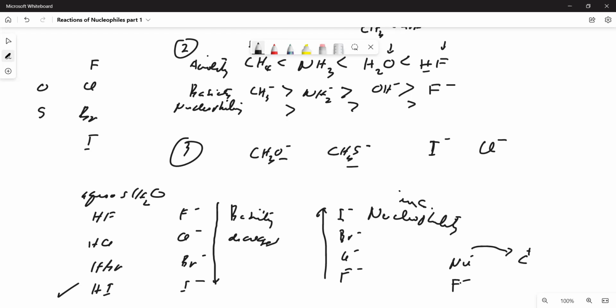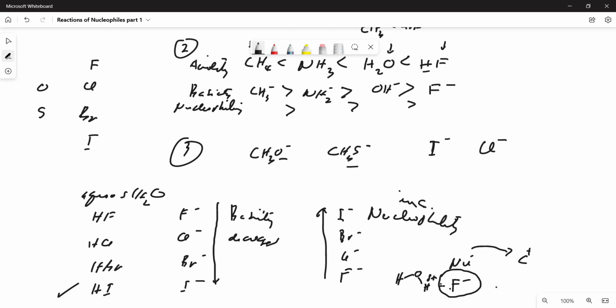The reason for that is that since the fluoride is the strongest base and you have the water that has a partial positive hydrogen, meaning the water is acidic, and bases interact with acids. So since fluoride is the strongest base, this fluoride will be solvated by the water, surrounded by the water.